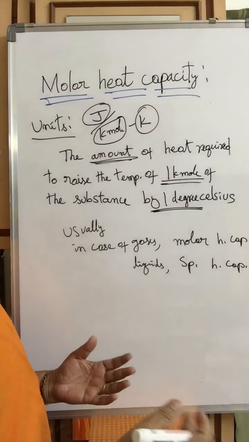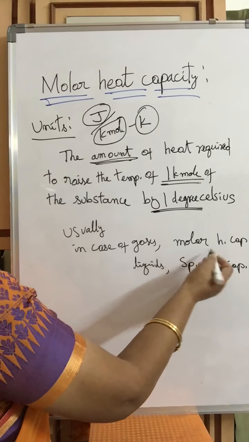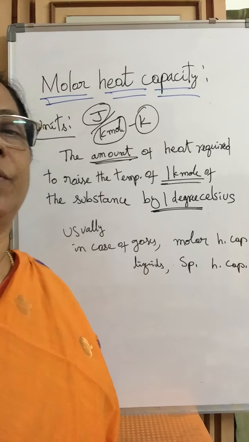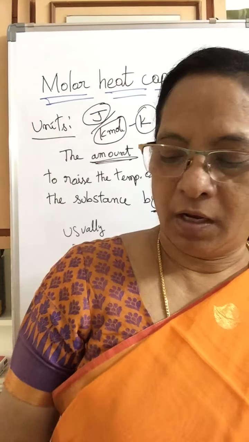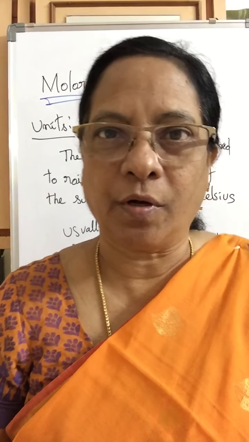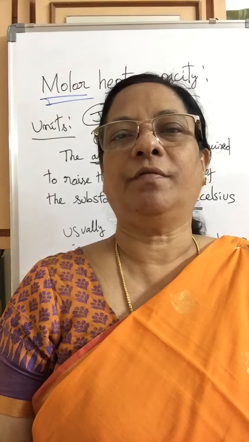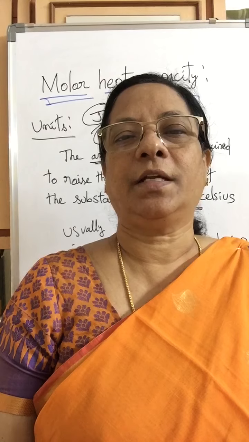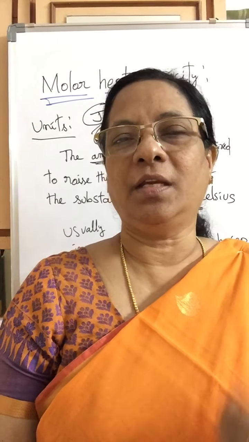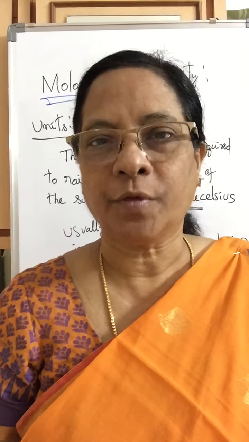Because liquids are usually measured in terms of weight and gases in terms of moles. So these are the three terms we need to understand before working out sensible heat calculation problems. In addition, one more term we will discuss in the next class, that is mean heat capacity, CPM. Then we start solving the problems. Thank you.